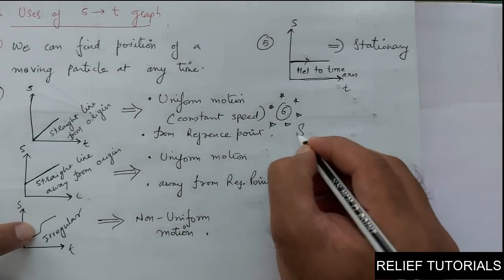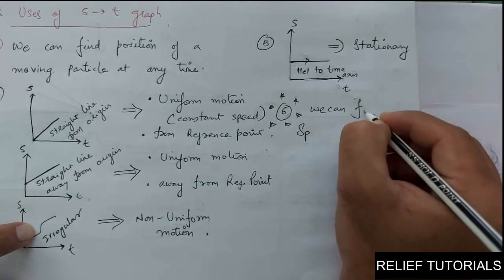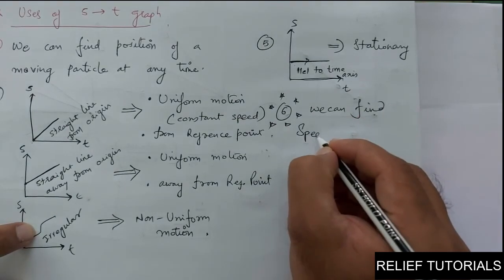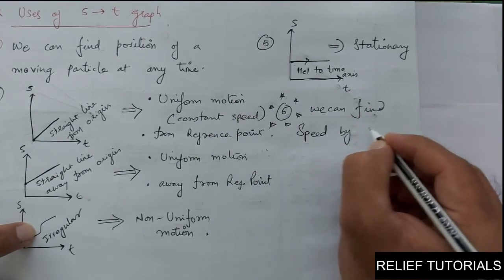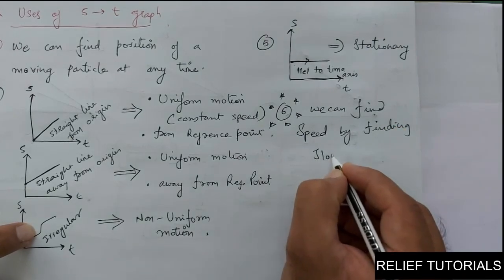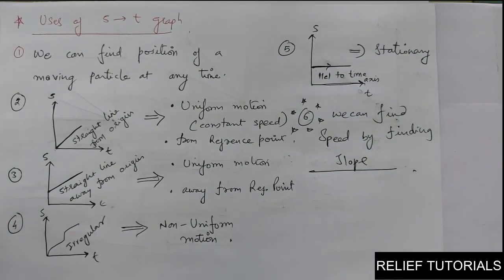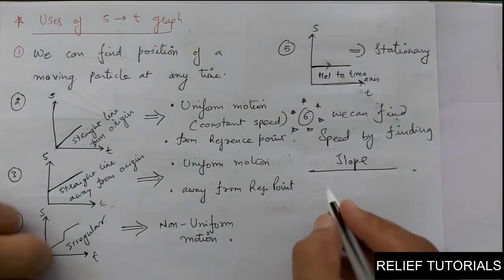And the last and the most important use is, we can find speed by finding slope. To find slope, as I have told you, you have to decide 2 points of the graph.